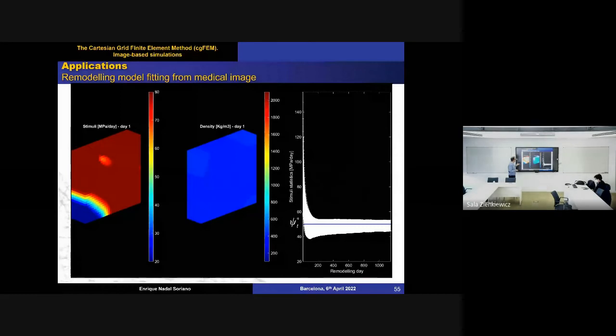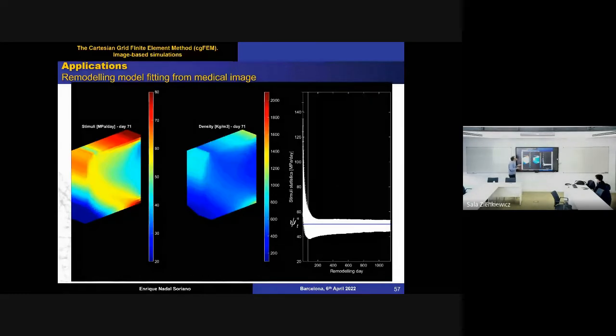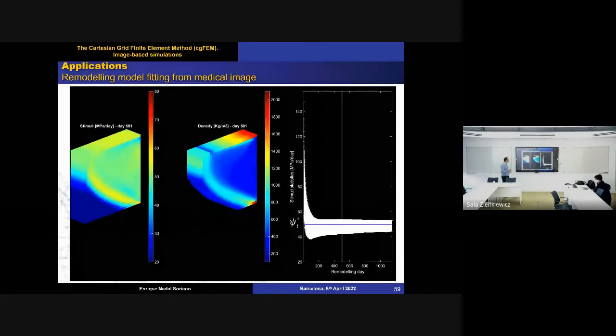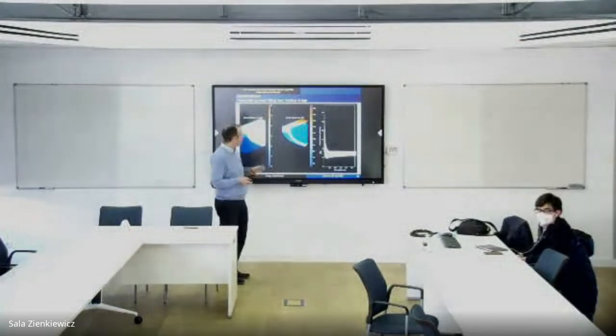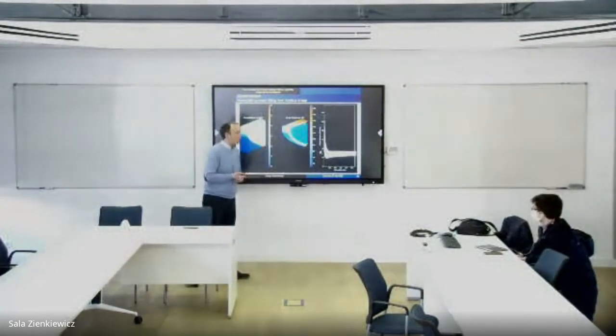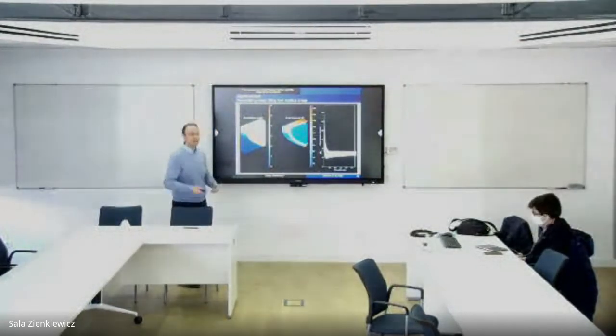This is evolving time, this is stimulus, and this is density of this artificial problem. We obtain something more or less standard in the context of topology optimization. After thousands of days, we can say that this is stable. We are in the stable bone situation.